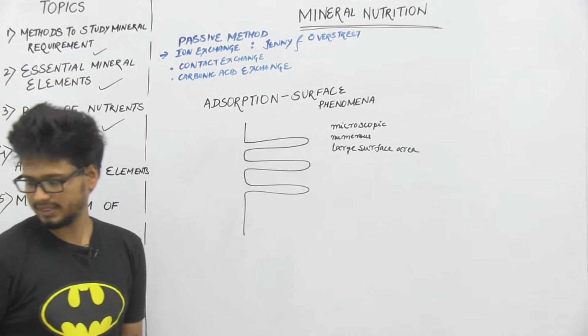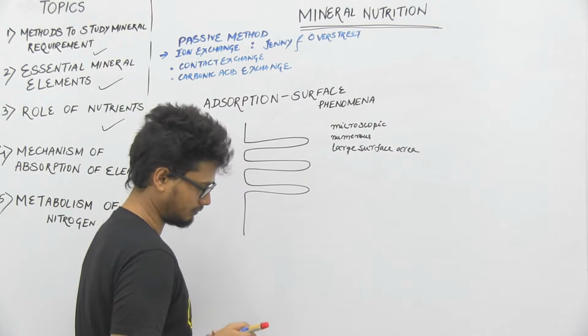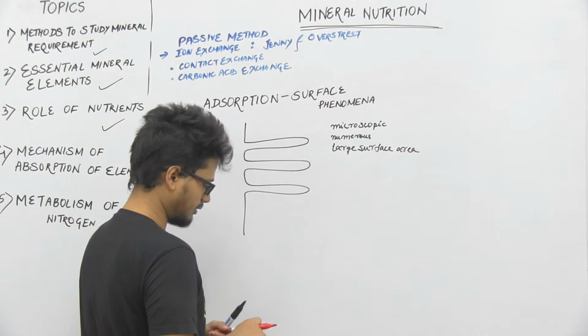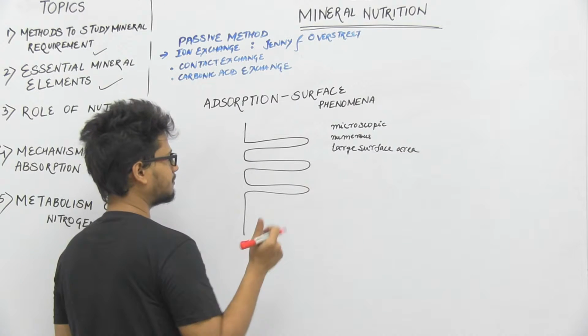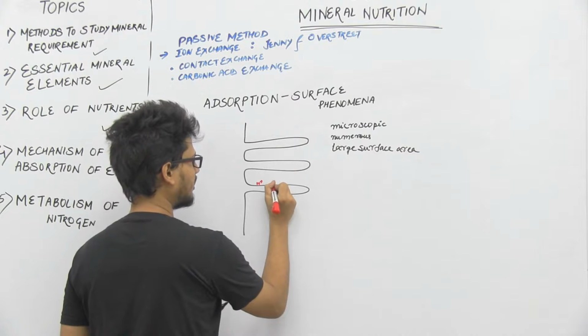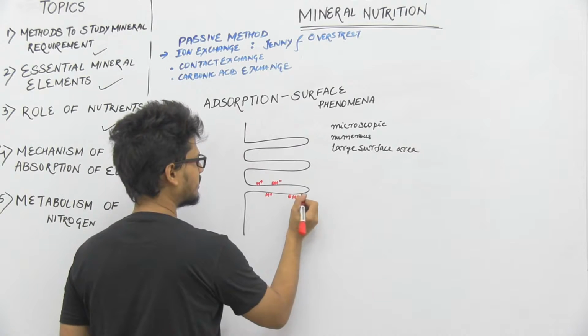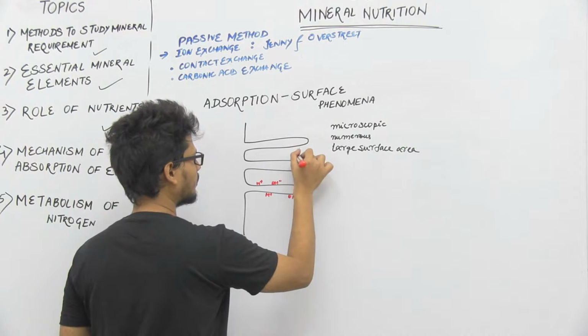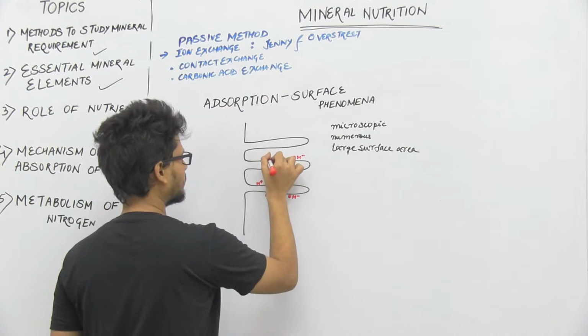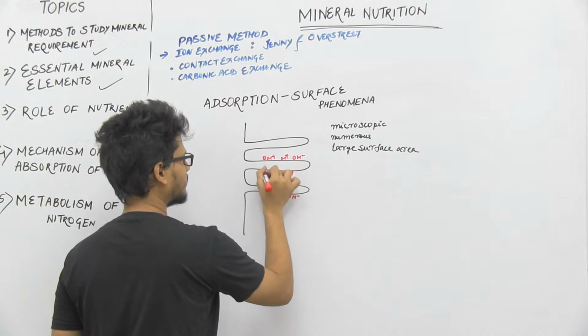So ये होता है, let's say we have इस surface पे let's say we have H plus and this OH minus, H plus, OH minus, OH minus, OH minus, H plus, H plus, OH minus.